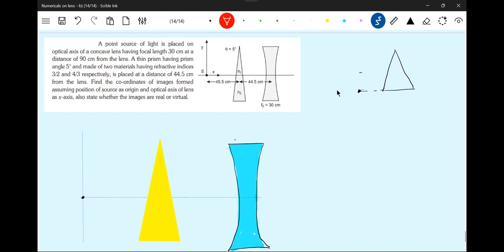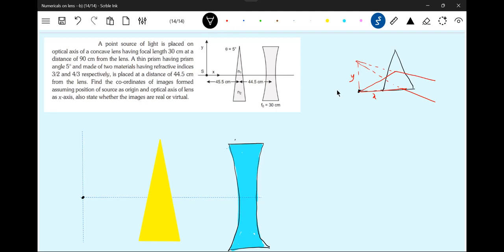If a ray is incident, it will undergo deviation. Similarly, if a ray passes through this, it will undergo deviation. Now it will meet at a point; this is y, this is x.